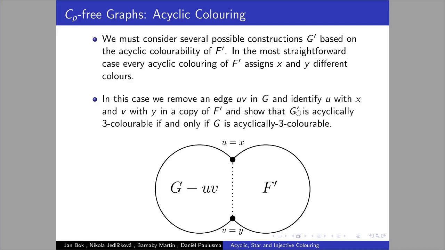But then, since G dash is acyclic 3 coloured, we don't have this path in G. So therefore, when we add the edge uv back, we get an acyclic 3 colouring of G.